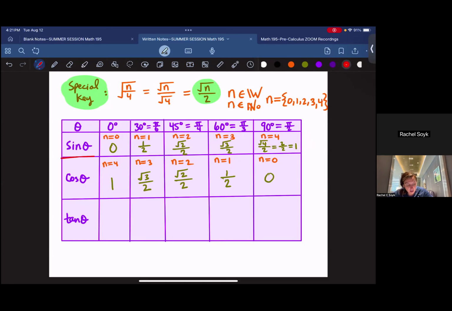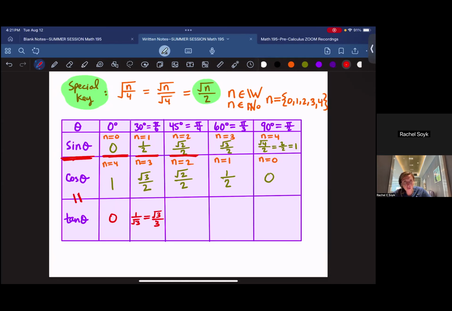Tangent is just sine divided by cosine. 0 divided by 1 gives you 0. Tan of 0 is 0. 1/2 divided by square root of 3 over 2 is 1 over the square root of 3. When you rationalize this, this is just the square root of 3 over 3.